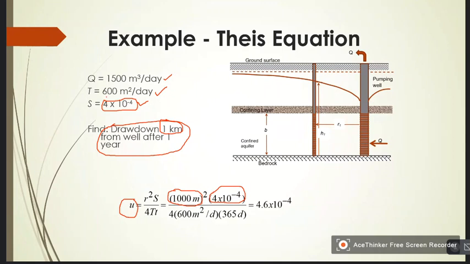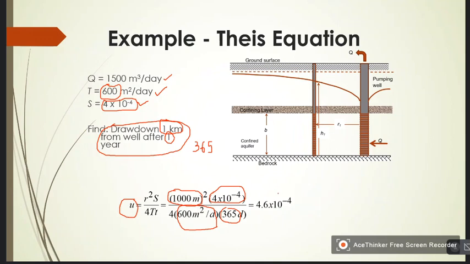And T is 600 meter square per day. Now your time is 1 year. 1 year means 365 days. Because T is in meter square per day, this also should be in days.